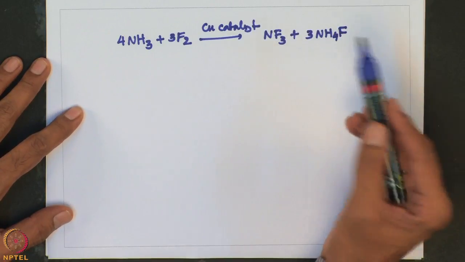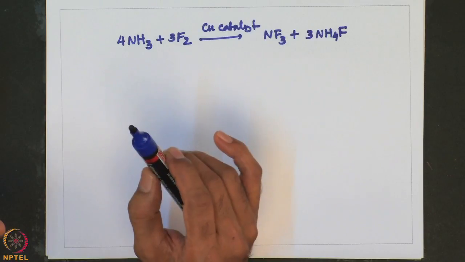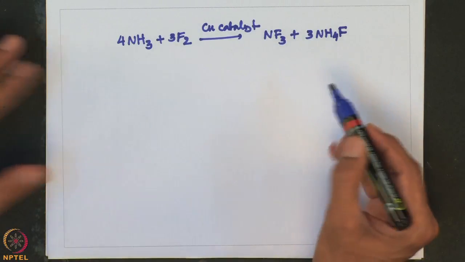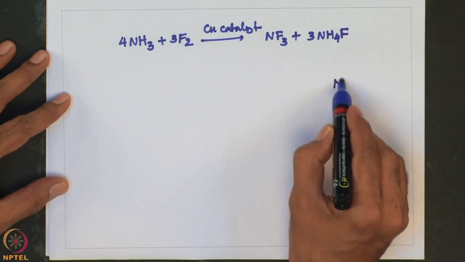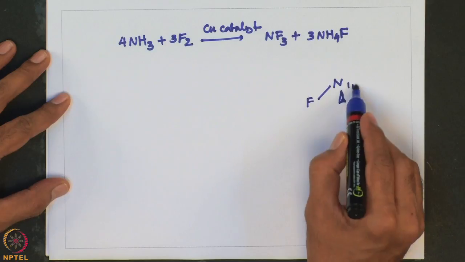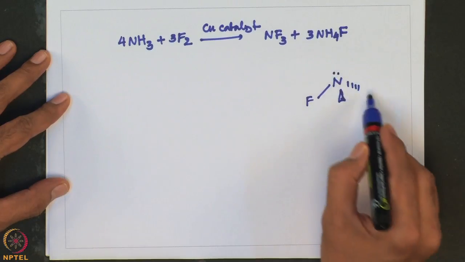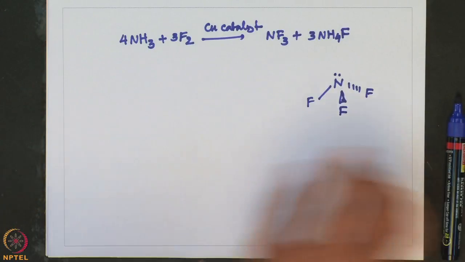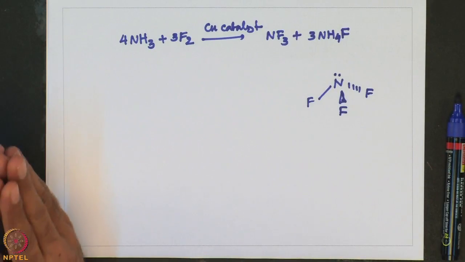Okay. So, NF3 is the most stable halide of nitrogen, and it has a pyramidal structure. And it is a colorless gas which is resistant to attack by acids and alkalis, but is decomposed by sparking with H2.